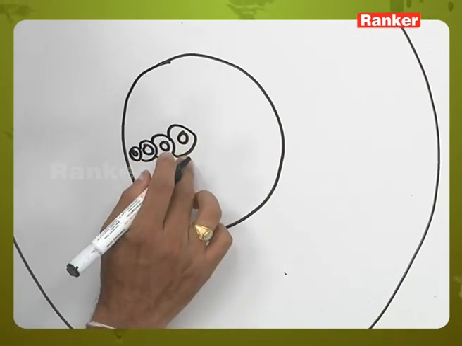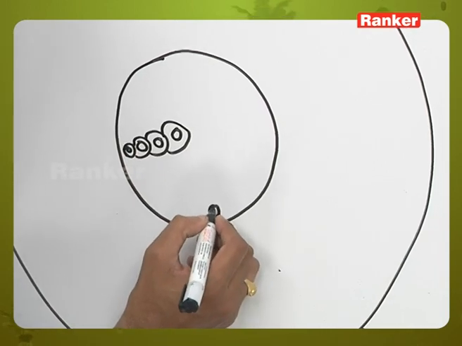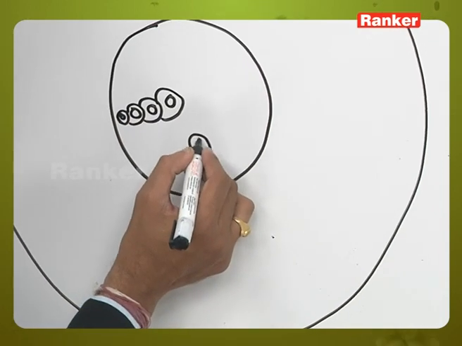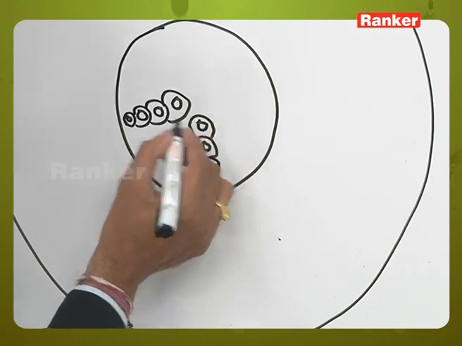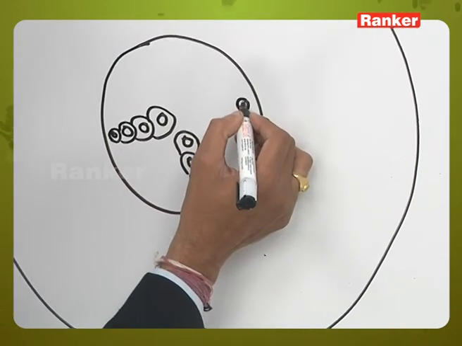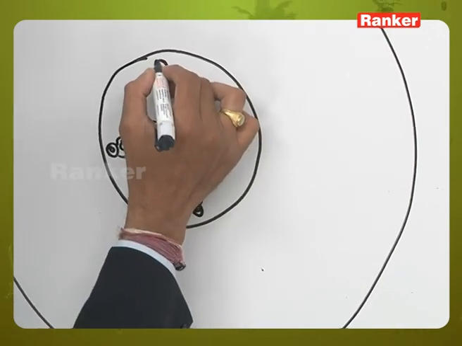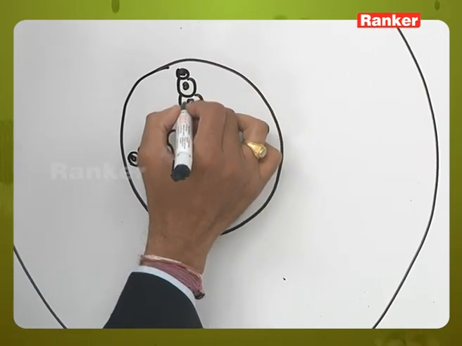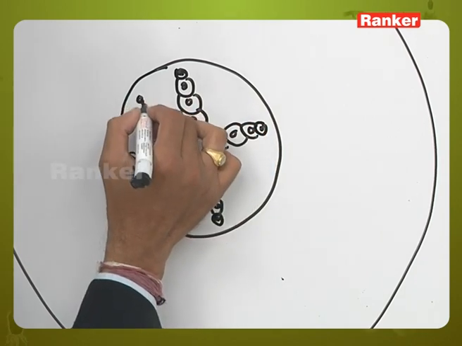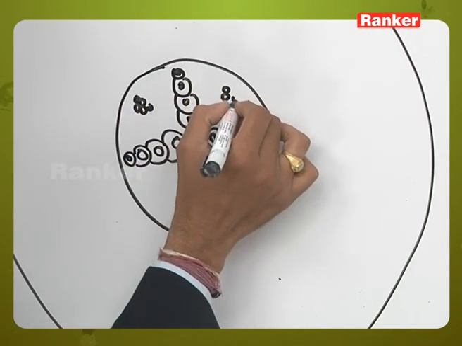So this is a metaxylem and this is a protoxylem, and here also protoxylem, and the size of the xylem tissue will be increasing towards the center, that is metaxylem. Similar type of arrangement can be seen here with the tetrarch condition of the xylem tissue, and this part is occupied by the phloem.